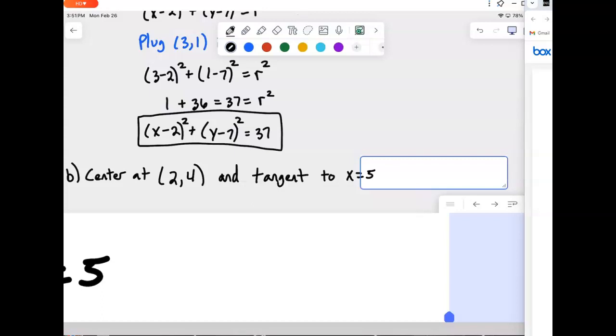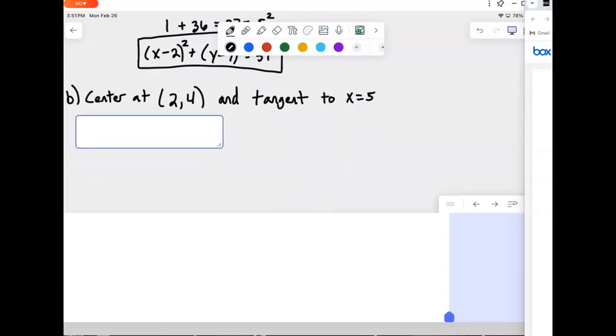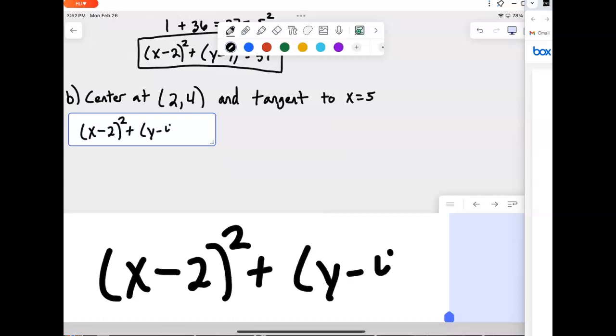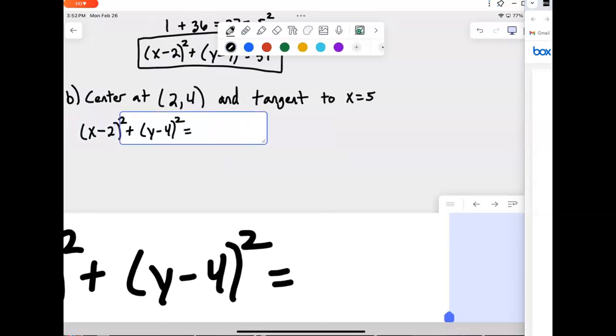So we immediately know the center, so we can incorporate that information. Once again, (x minus 2) quantity squared plus (y minus 4) quantity squared equals r squared. So now we tackle this problem of it being tangent to something.